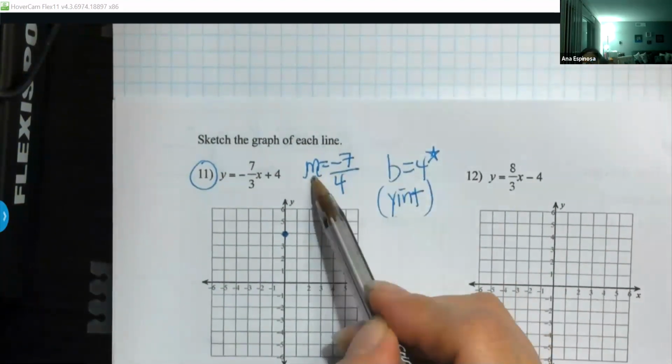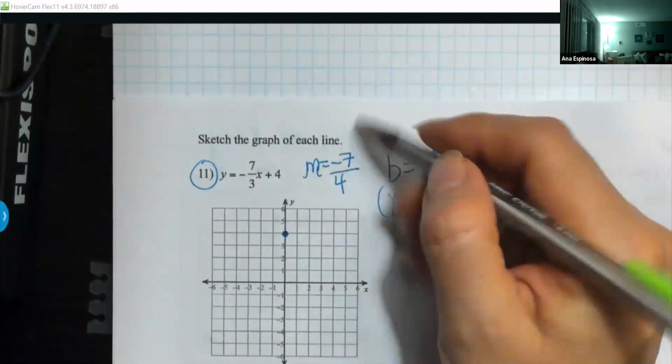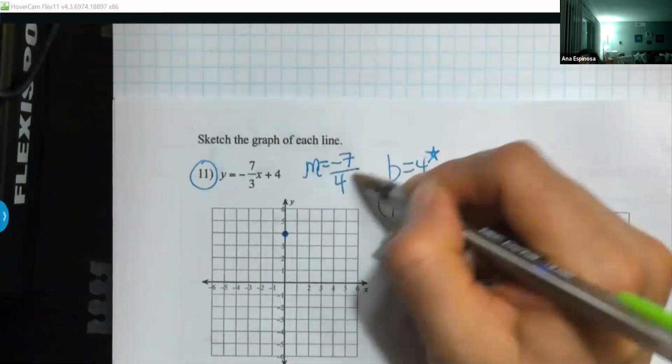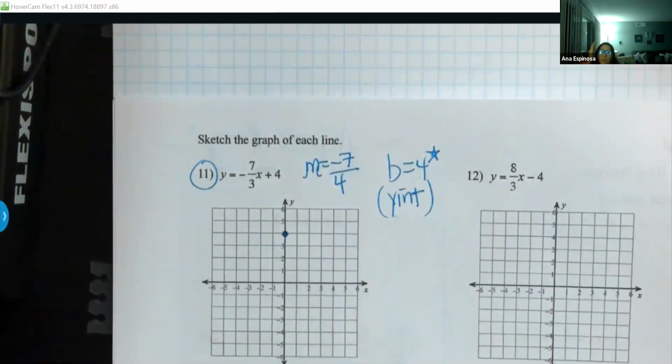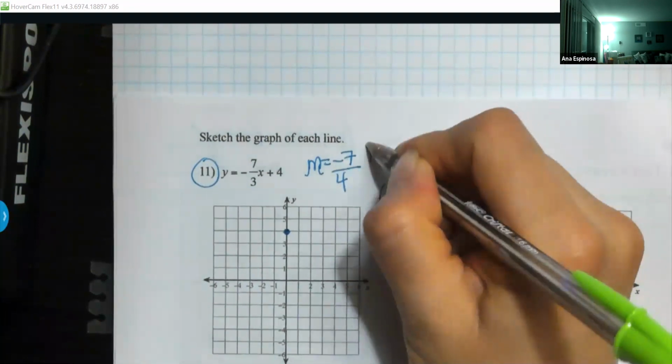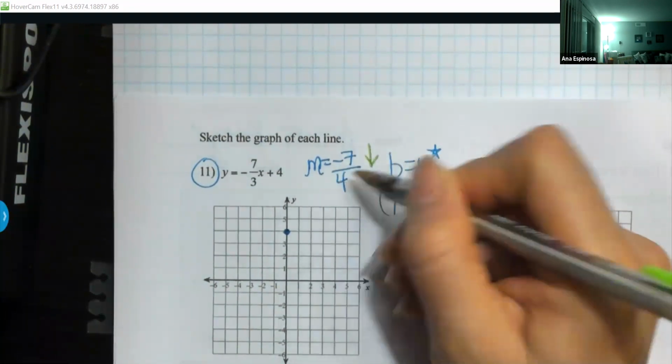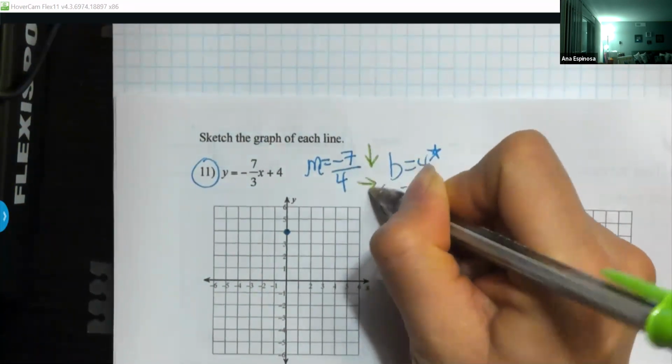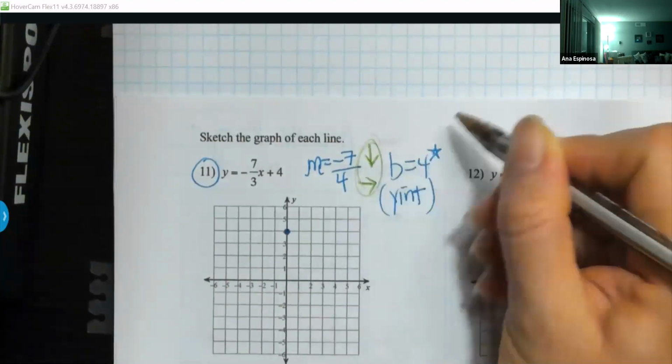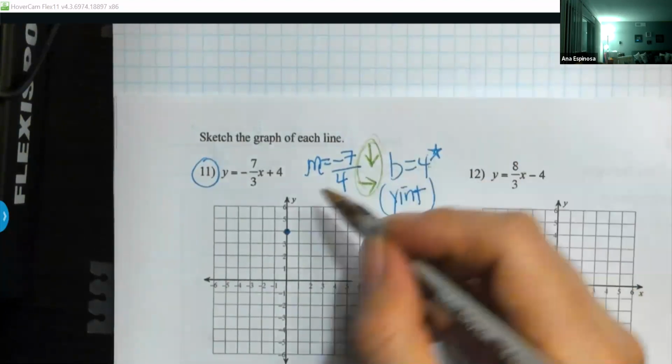From here, you then move. M is for movement, so we're going to move. Now let's check out the arrows. The number on top is always rise, and the bottom is run. The number on top is always the vertical movement. Because it's negative, I'm going to go down. And because this is positive, I'm going to go to the right. So this is the movement from this point. I already have this point.